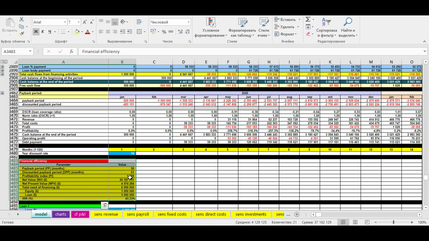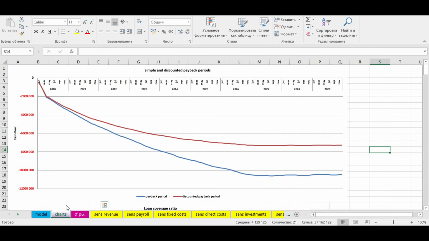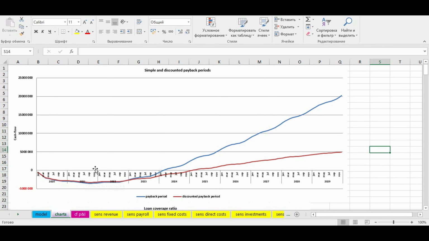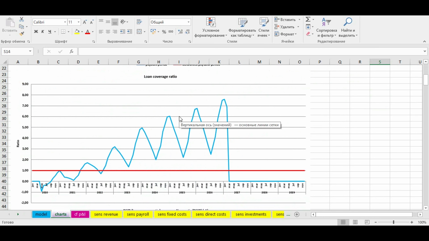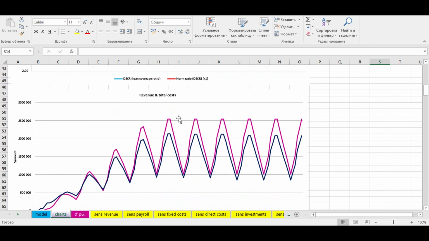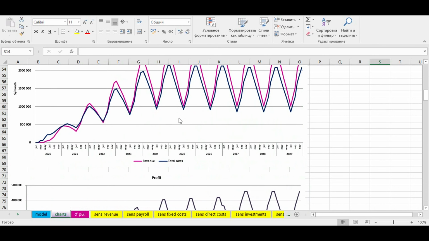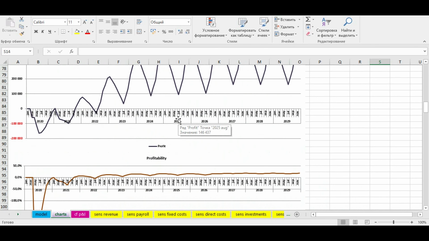Now we can see the graphic illustration of your business idea. Here we see in monthly detail simple and discounted payback period, loan coverage ratio, revenue, total expenses, profit, profitability, cash balance, cumulative profit, operation profit, and loan payment.